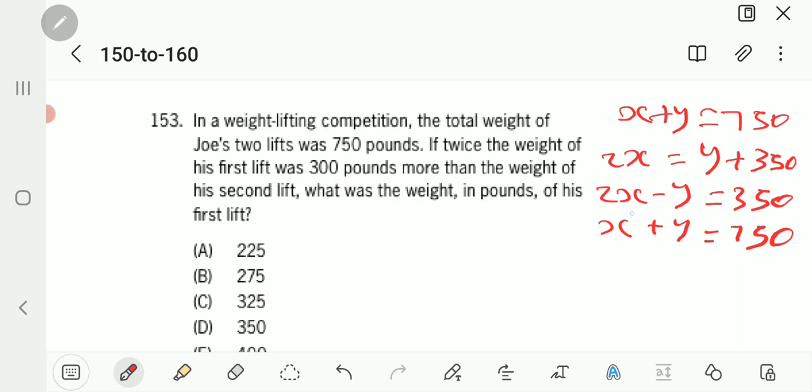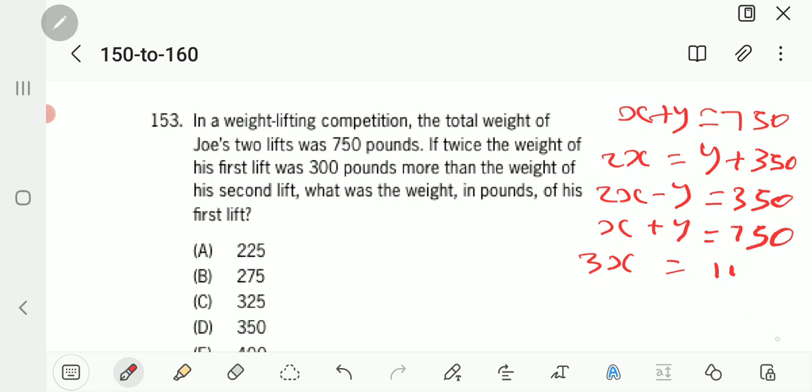Since they have opposite signs, Y is gone when we add. 2S plus S is 3S, equals y minus y plus y is gone, 350 plus 750. What is 350 plus 750 again? 300 plus 700 is 1000, plus 50, that is 1100.